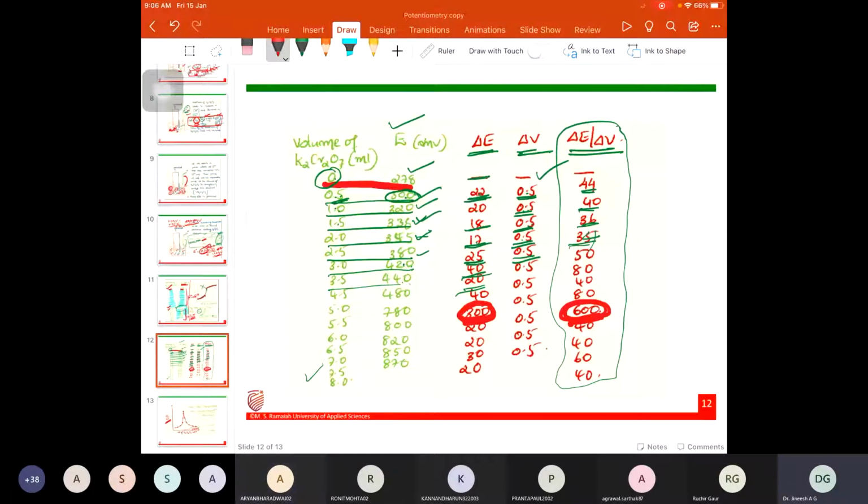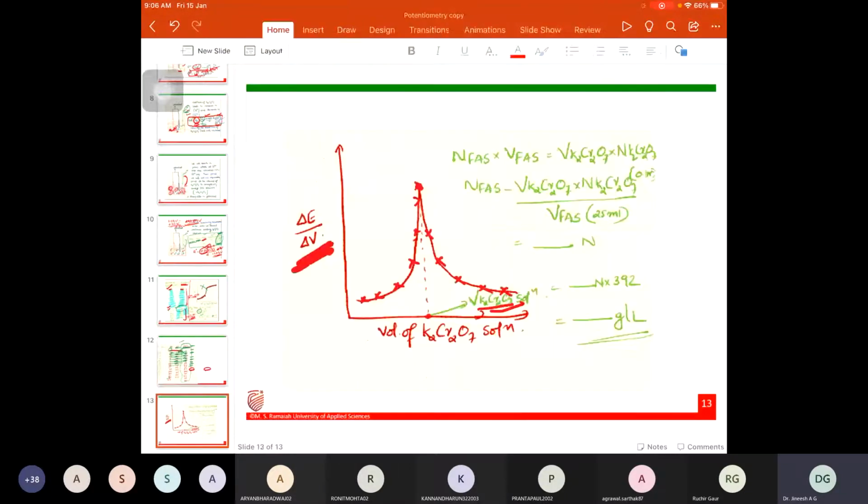That's why if you draw the graph, at a particular point, you will get a higher delta E by delta V value. Clear? Any doubt?